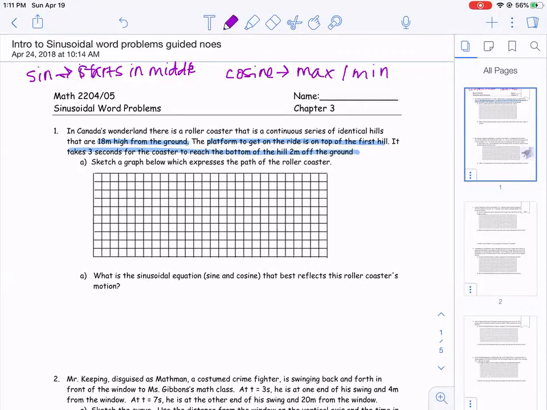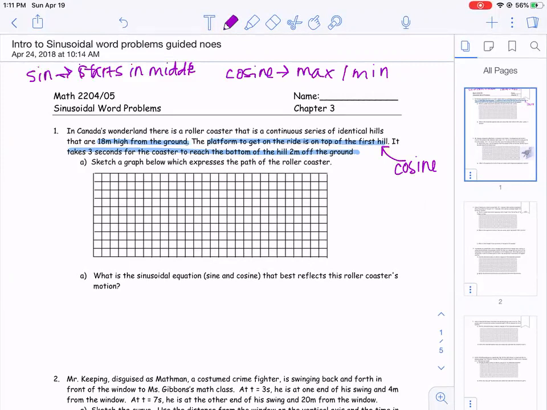Okay, so all this stuff is giving us information. Our curve is going to look something like that, and we just have to figure out where it starts. So it starts at the top of the hill. So this is a cosine, because if it starts at a maximum, then it's definitely cosine. If it starts at a minimum, it's definitely cosine.